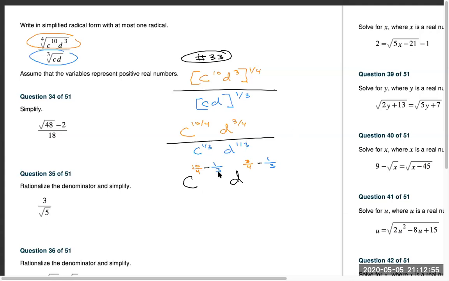So that's going to give me C to the 13/6 and D to the 5/12.